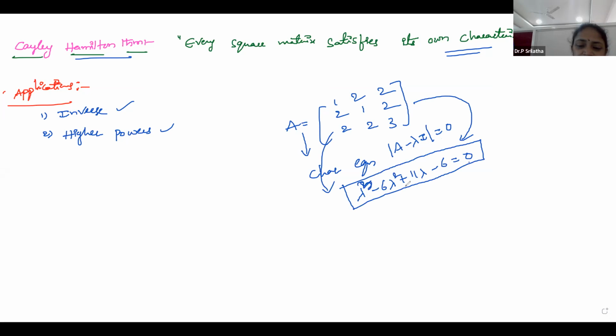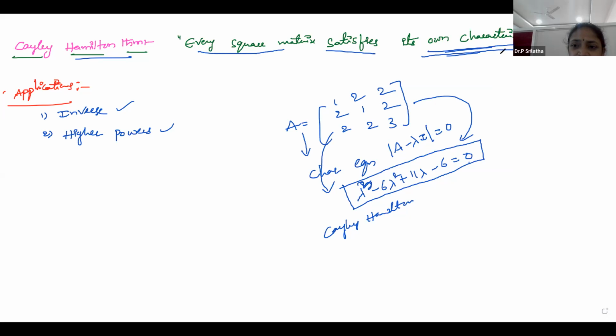In that case, we use the Cayley-Hamilton theorem for verification. Every square matrix satisfies its own characteristic equation.